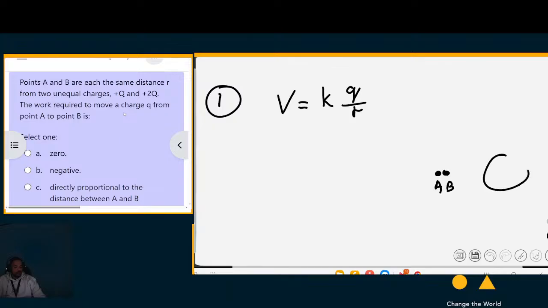Let's make 2q here and we make that distance r, and on this side also a distance r, but this is charge plus q, slightly smaller. So two points, same distance from both plus q and plus 2q.